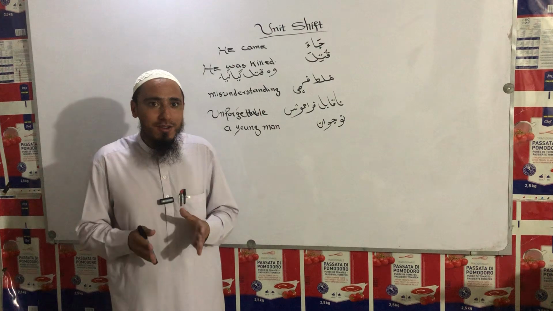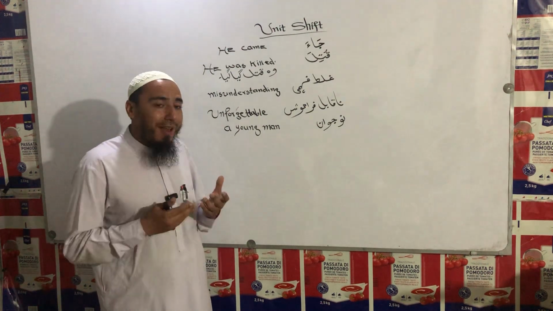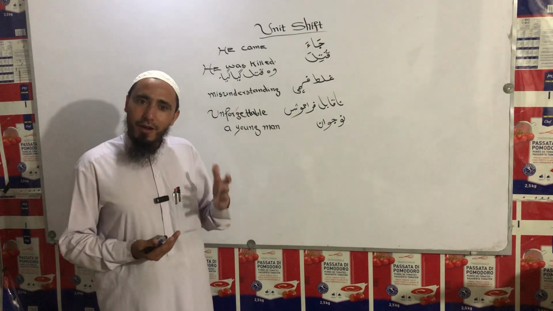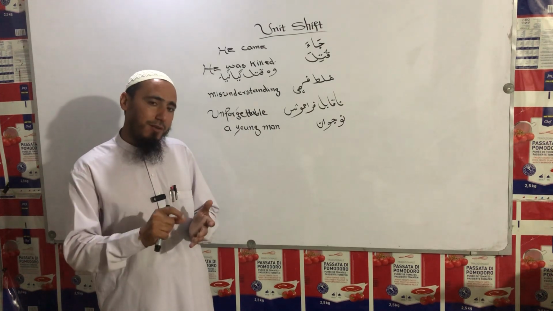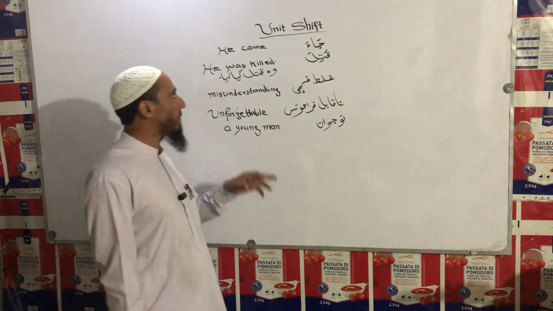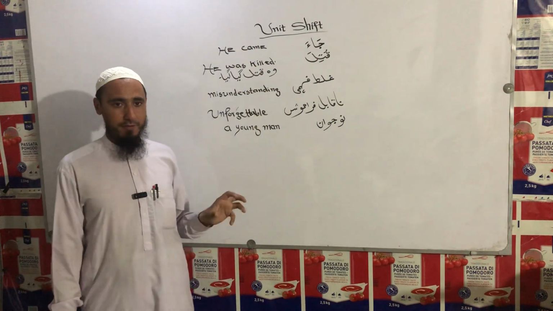And there are some words in other languages that, when we translate them into any other language, instead of a single word, become a phrase. It becomes two words. For example, let's start from the Arabic language.